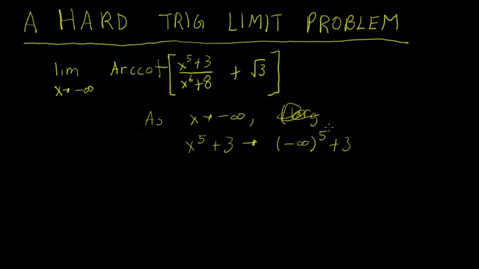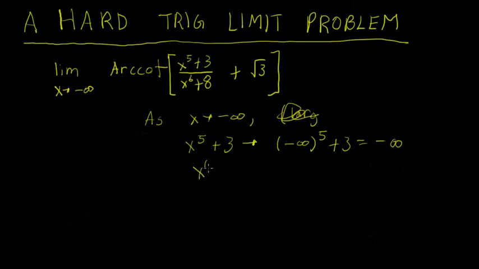You raise it to the 5th, you get another very large negative number, and you add 3 to it. It doesn't really make it all that much smaller of a negative number, so we'll just write this numerator as negative infinity.